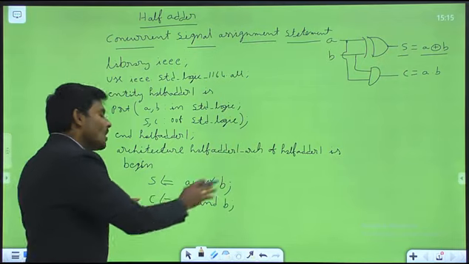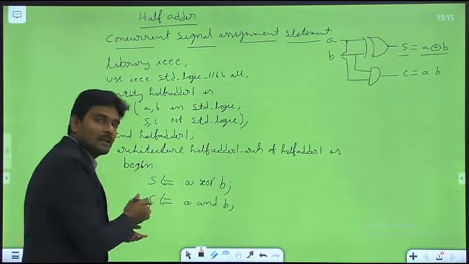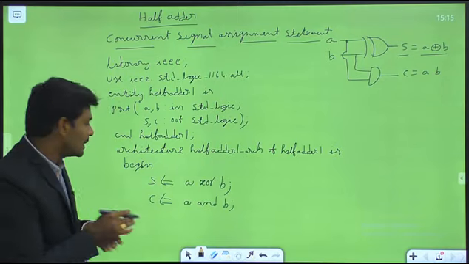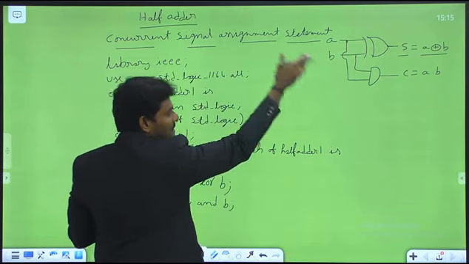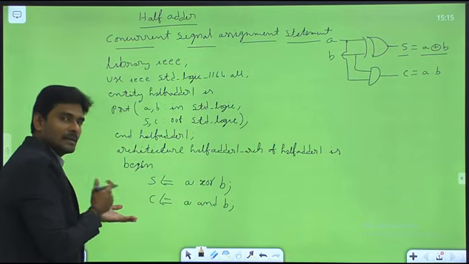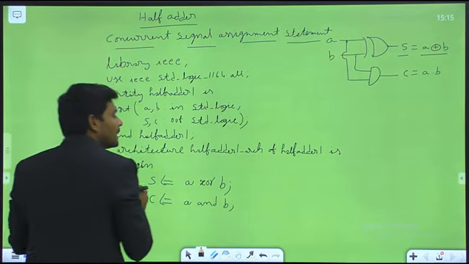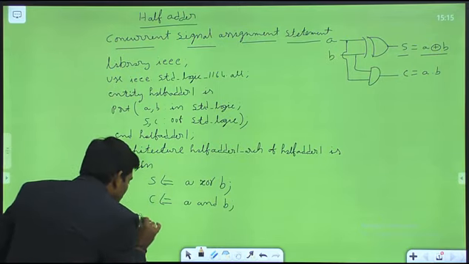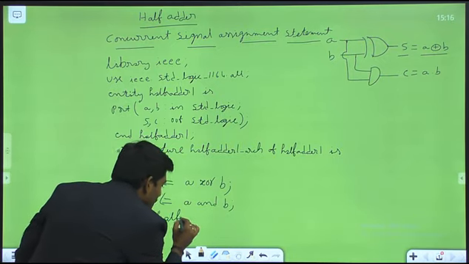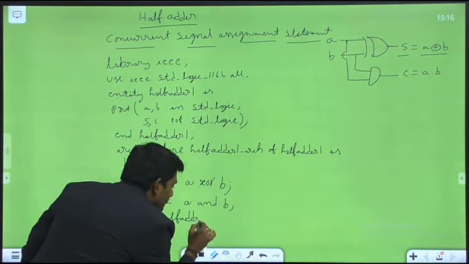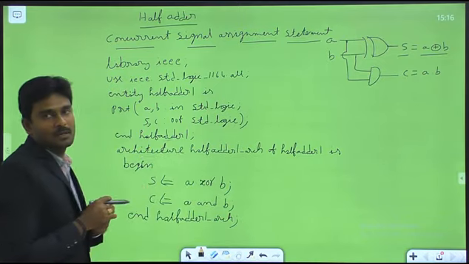For C, performing the AND operation between A and B, you get the carry output. So we mentioned all the functionalities. Next we close the architecture with end and the architecture name, half adder 1 underscore arc.